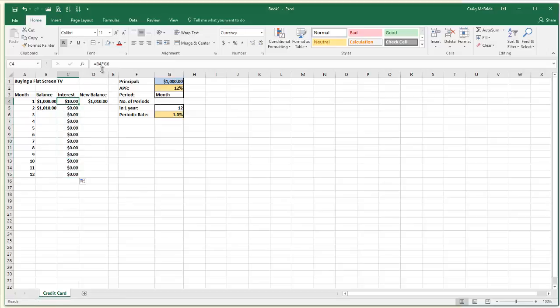So this initial formula was B4 times G6. This one's now B5 times G7. So you see how it moves everything down, because it's not smart enough to know that you wanted this times this, and then this one times that same number. It does it all based on position.